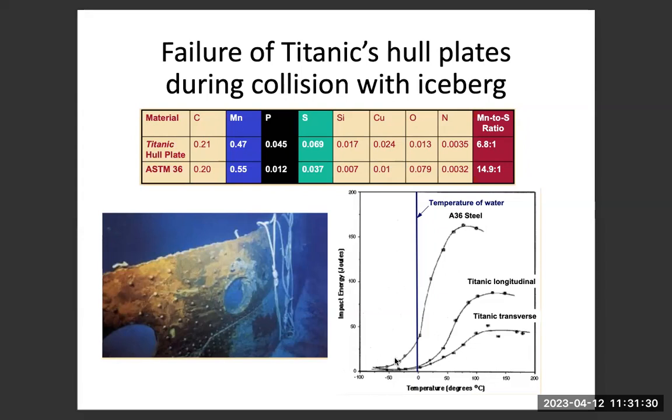Your material is brittle, but mostly they tested these materials at room temperature or high temperatures, and they thought the material was going to be ductile. But once they hit the iceberg, they behaved brittle, and they just, boom, disappeared.